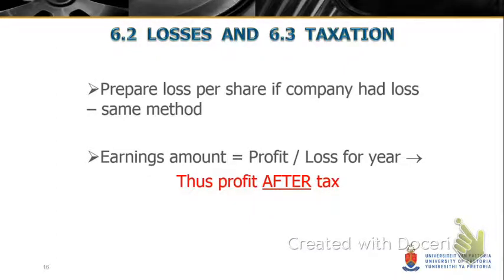Now, losses. Prepare a loss per share if the company made a loss. The same method as we did with the EPS itself. So in this case, instead of saying EPS, earnings per share for the year, you will say loss per share for the year. Everything else stays the same.